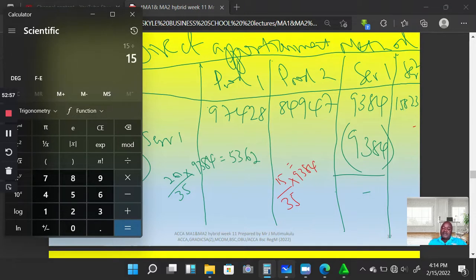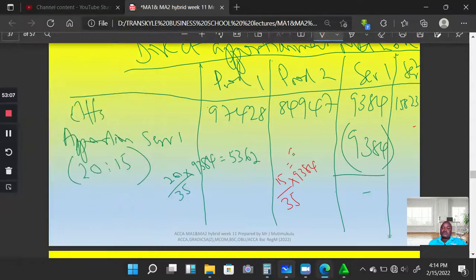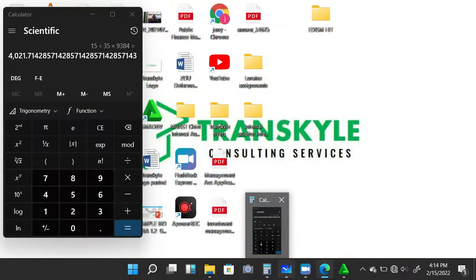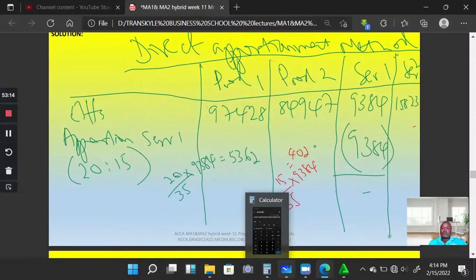That's 4022. Okay, that's our figure there, and we are done with the apportionment for the service cost center 1.